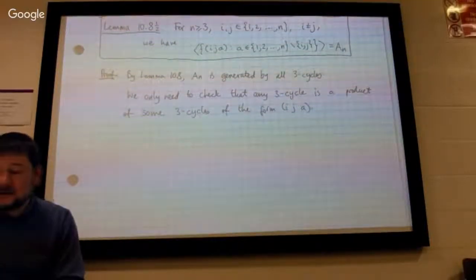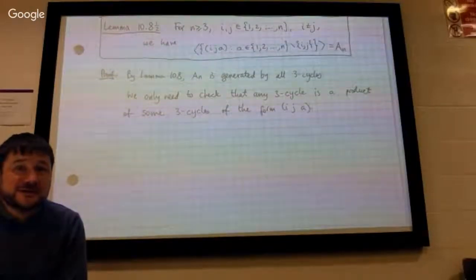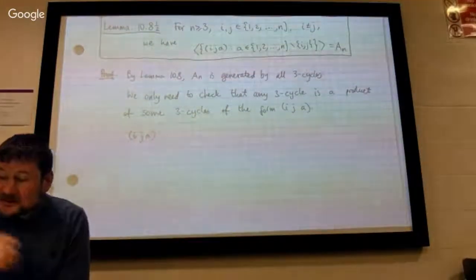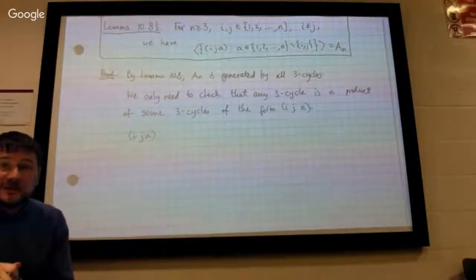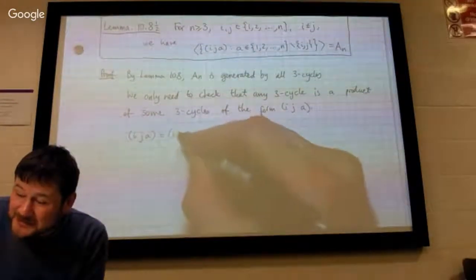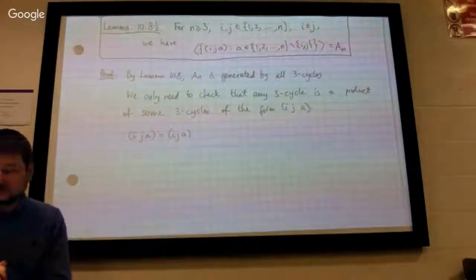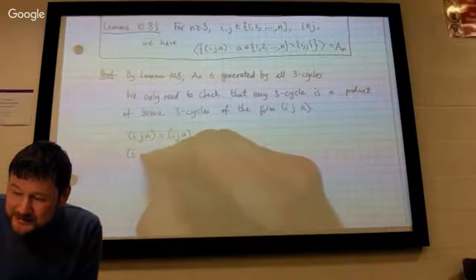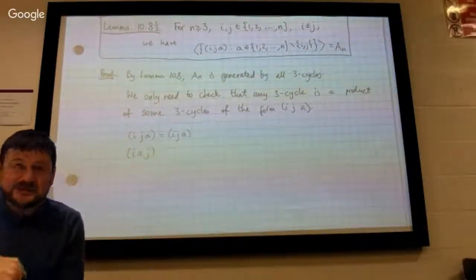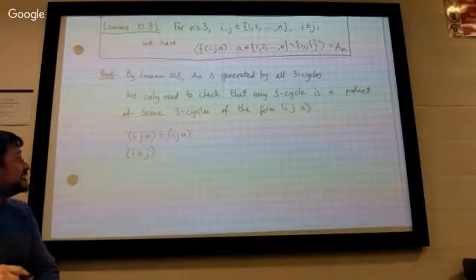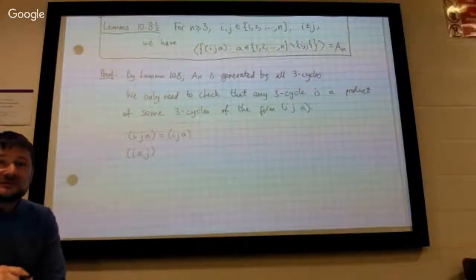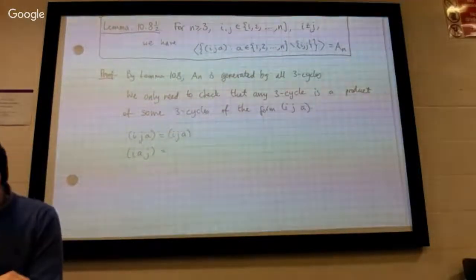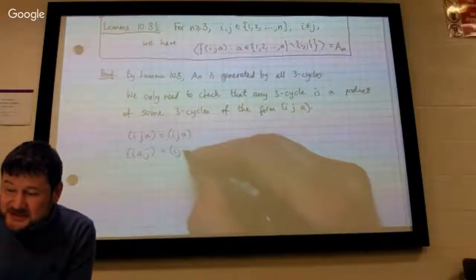So what can a three-cycle look like? If it contains both i and j like this, then this is (i j a), and there's nothing to prove. If it looks like this, (i a j), is that generated by some kind of (i j a)? Yes, because this is (i j a) squared.